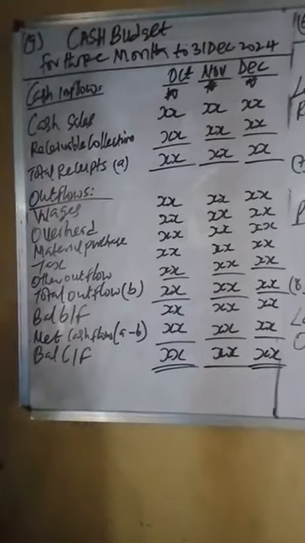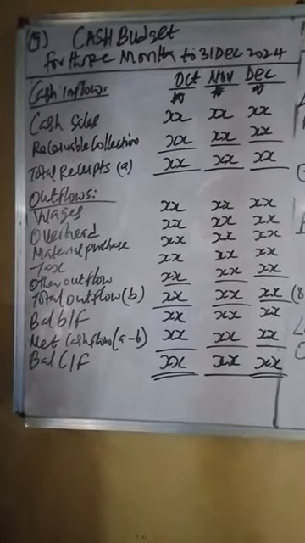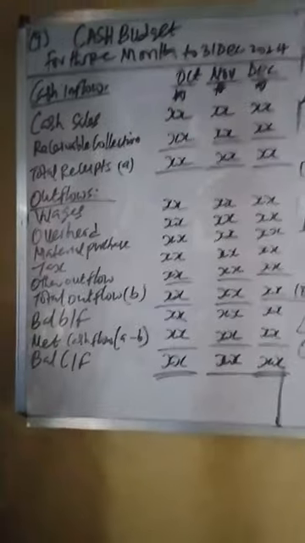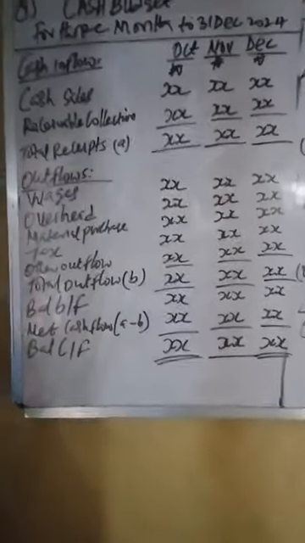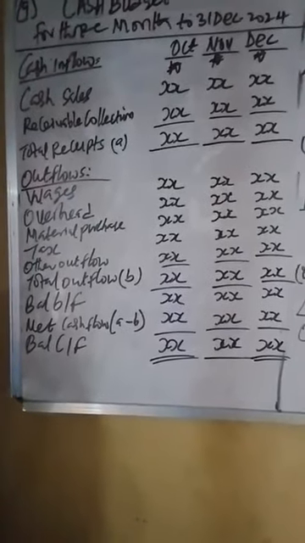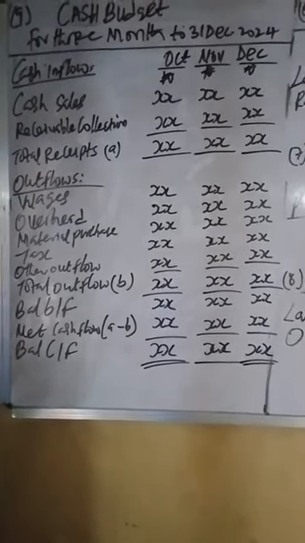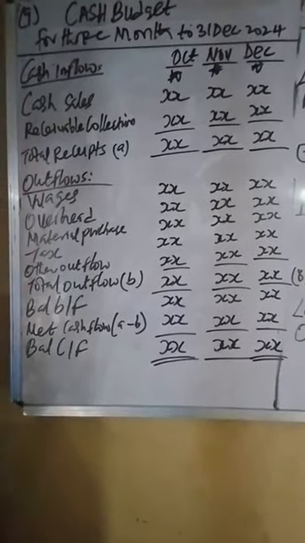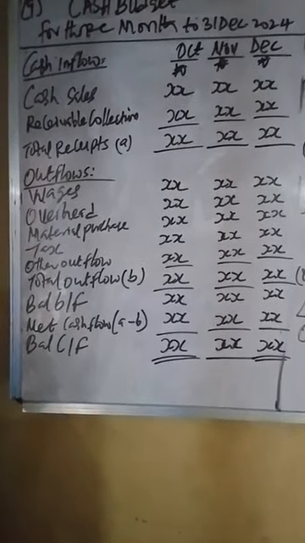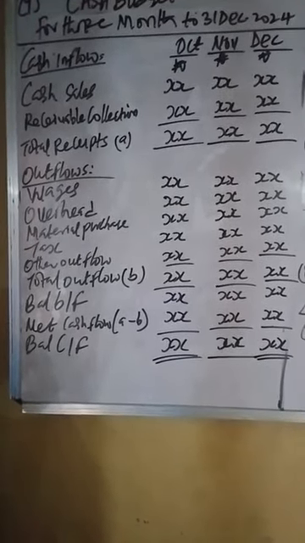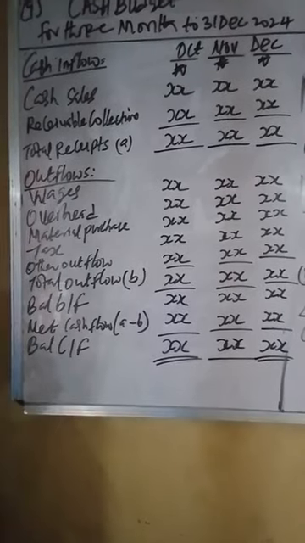Okay. So having seen all of this, I'd like to explain. When you're producing your cash budget, the first thing you look at is the period covered. Then you have your cash flow format, which includes cash sales and receivables from prior periods.